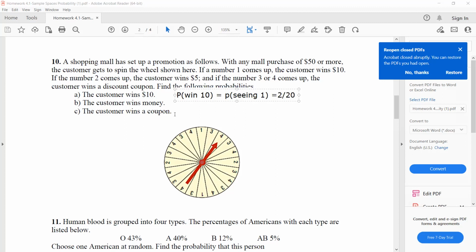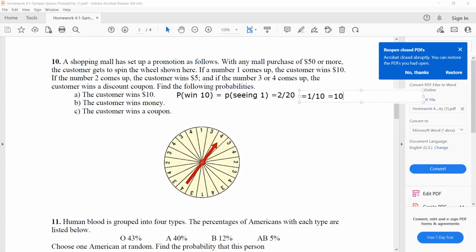That's a common mistake. Be careful not to assign the number to the number of ways it is in the sample space. There are 2 number 1s here. So this is 2 out of 20, which reduces to 1 out of 10. And that's 10%.